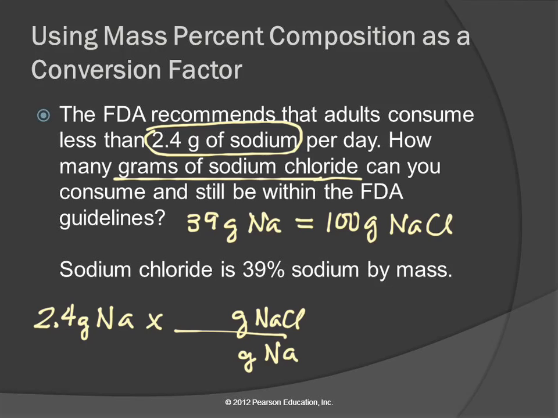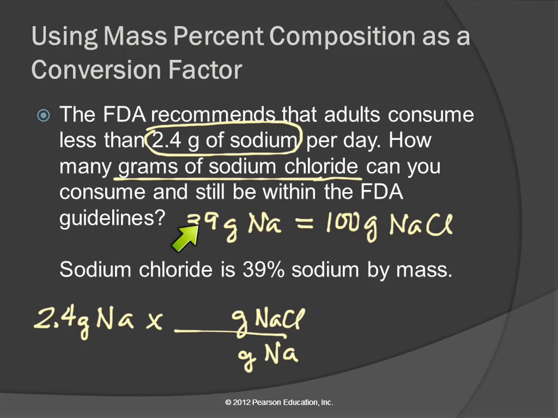If you don't put the units in, it's really easy to get the numbers backwards, and then you get the answer wrong, and that's never good. And it doesn't take long to write the units in. You really, really need to write the units with your numbers. So here's grams of sodium chloride on top, grams of sodium on the bottom.